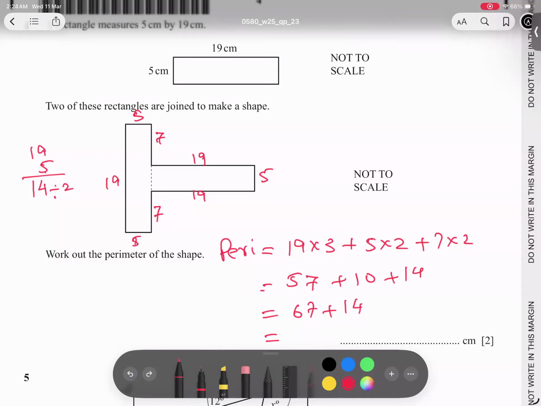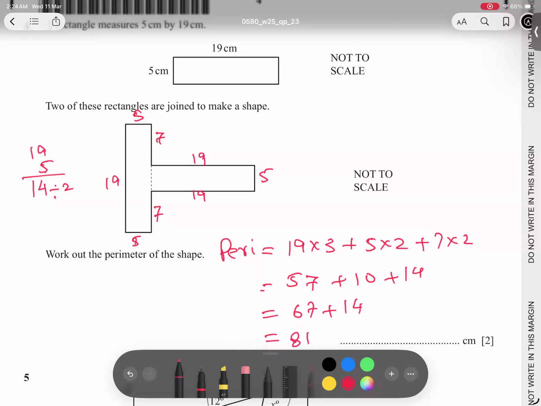So this 57 correct, 5 twos are 10 correct, 7 twos are 14 correct. So 57 plus 10 is 67, and plus 14 is 81. So we got our answer 81.